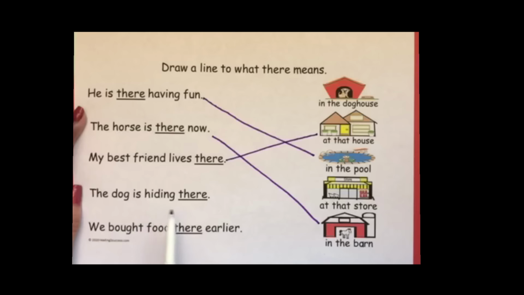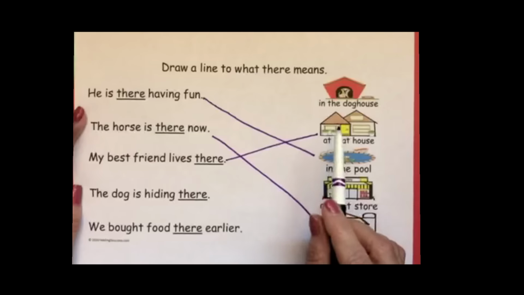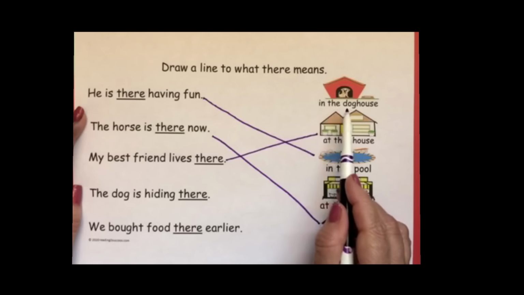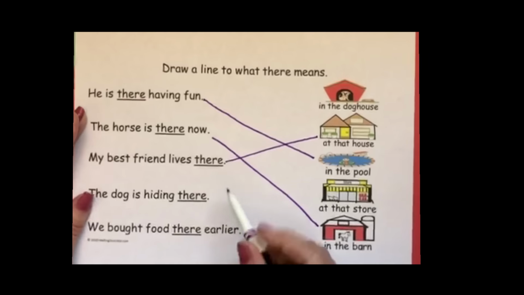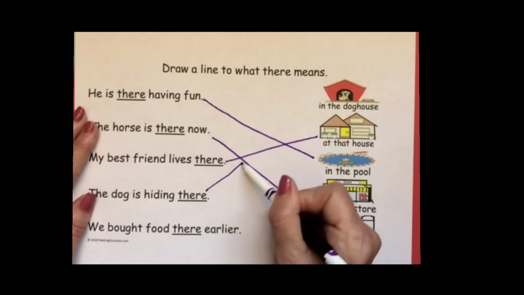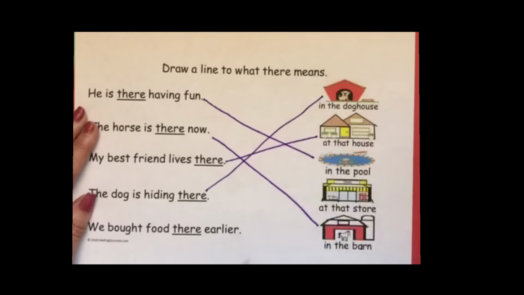The dog is hiding there. Maybe he's hiding in the doghouse. The dog is hiding in the doghouse. There means in the doghouse.